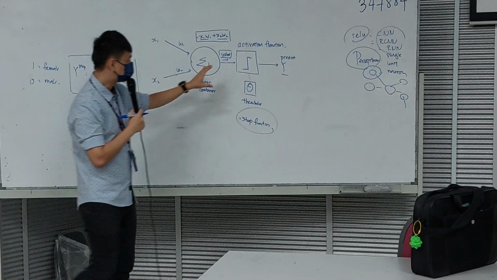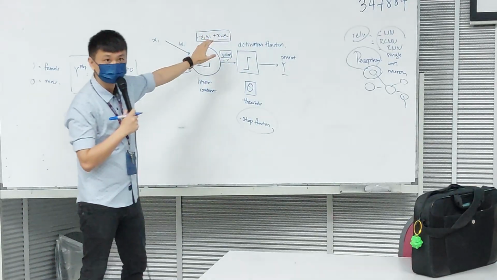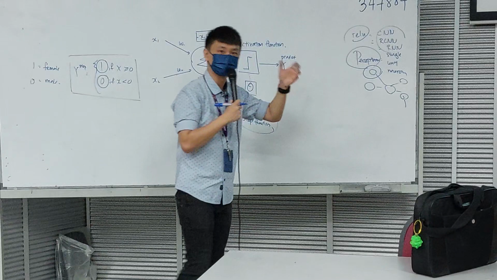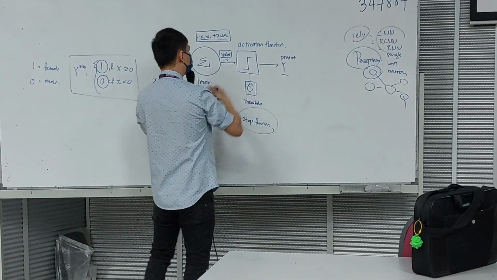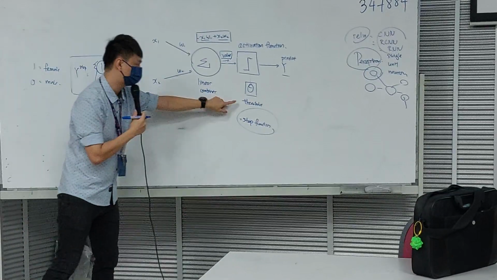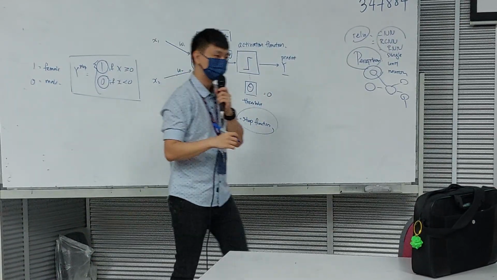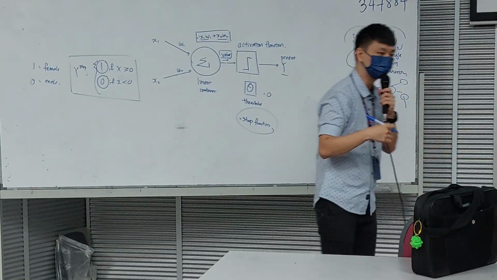The purpose of this activation function is to do the classification in this case. For RNN and CNN, we use them for different purposes. In this case, we assume that the threshold value is equal to 0, but most of the time the threshold will be given.